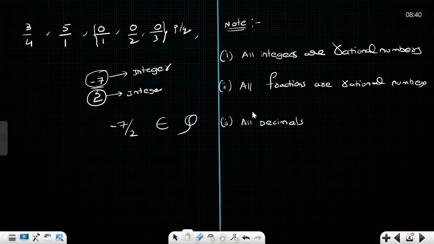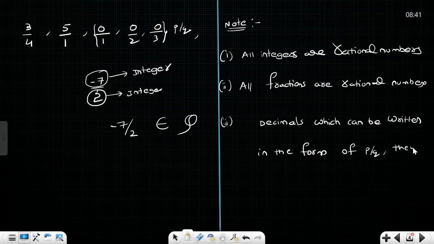Only those decimals which can be written in the form of p by q are rational numbers. Now you might have some doubt in your brain: sir, are there any decimals which cannot be written in p by q form?